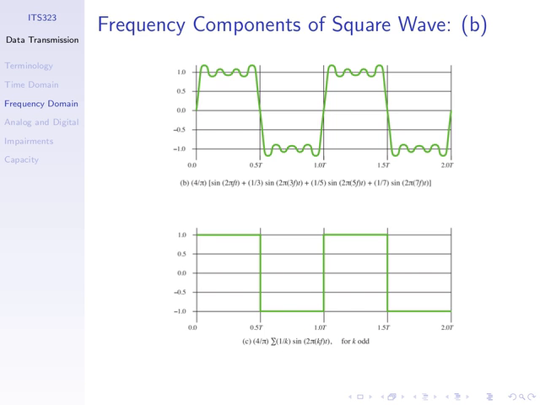The top one is we add a fourth component, 1/7 sine 2 pi 7ft. This is if we had an infinite number of components. We keep following this pattern. The next one will be 1/9 sine 2 pi 9ft, 1/11 sine 2 pi 11ft. Keep adding components.